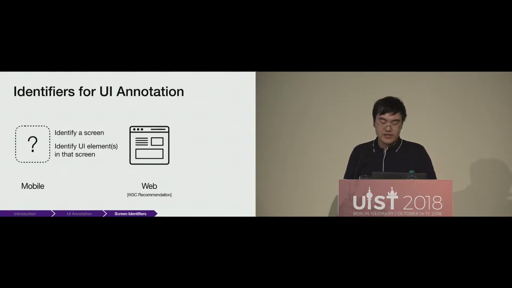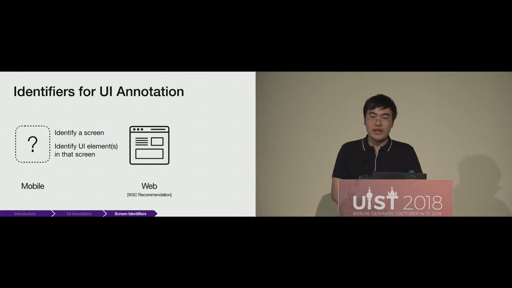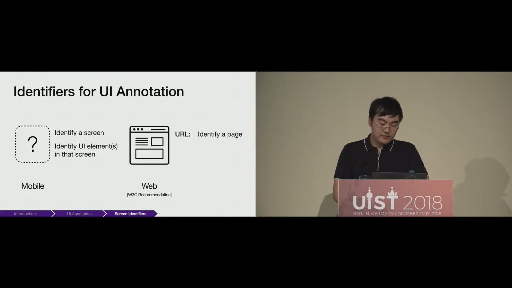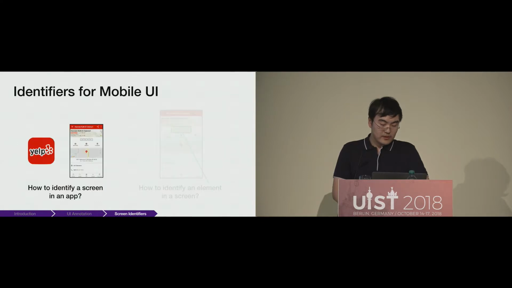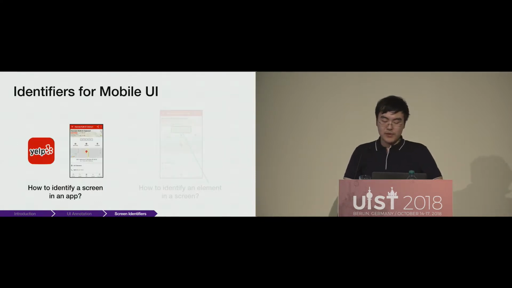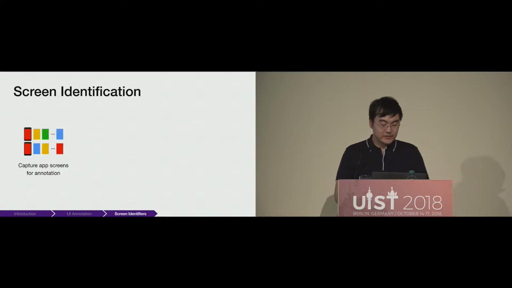However, there are no such standard identifiers on mobile platforms. Therefore, we build our own identifiers for screens and UI elements on mobile platforms. So I would like to first go through how we did screen identification, which is a more challenging question, and it is our key contribution in this research. Therefore, I will focus on it for a while.